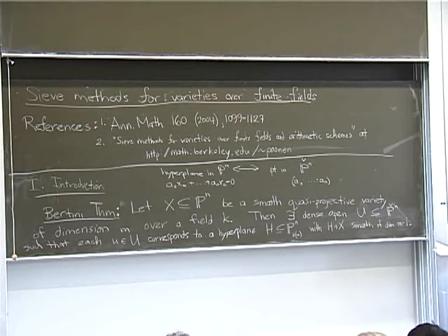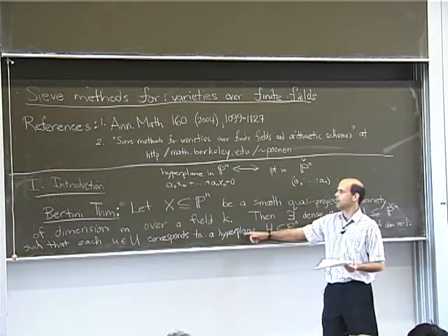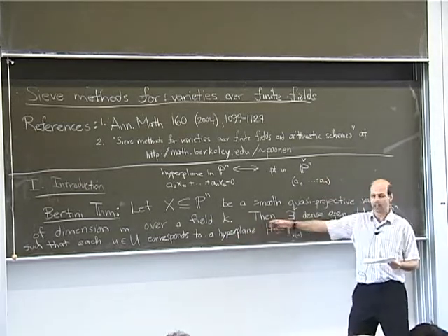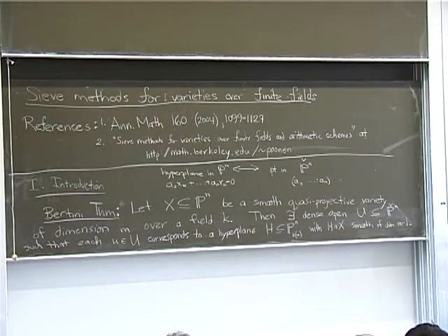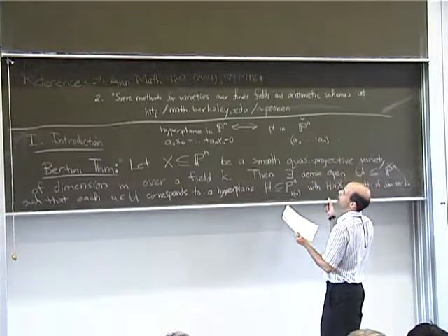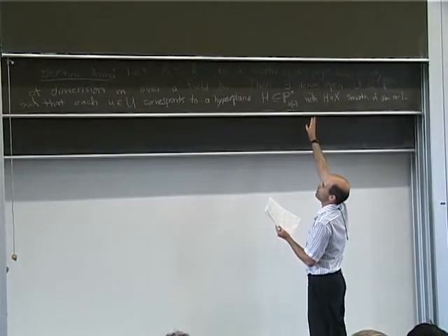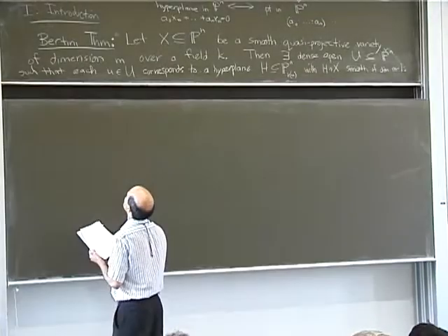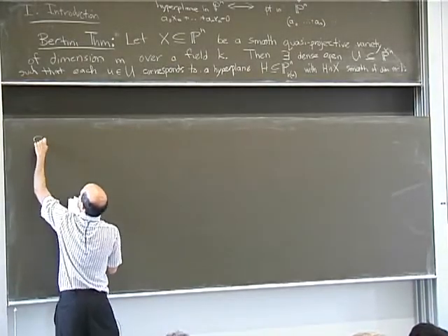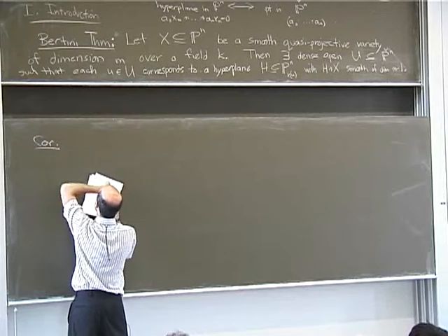Now, given that you have this dense open subset, can you actually find a hyperplane that's good, in the sense that it cuts X smoothly, defined over the same field K? For this, if K is infinite, then there's no problem.